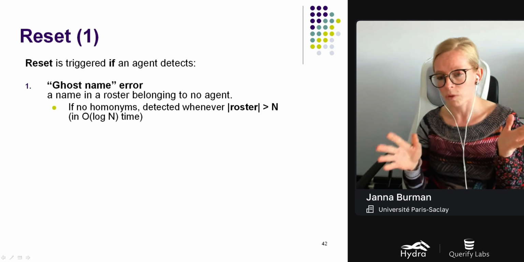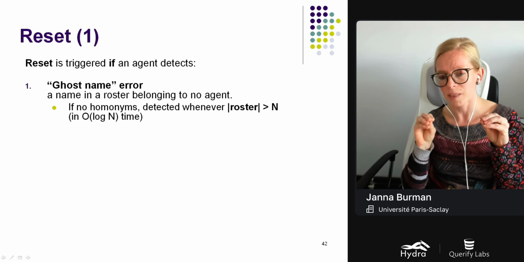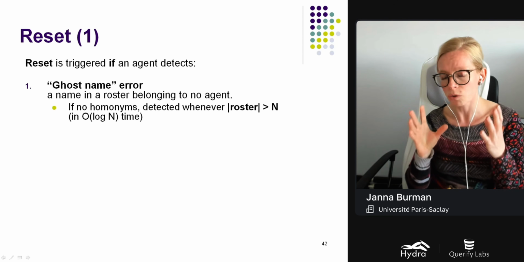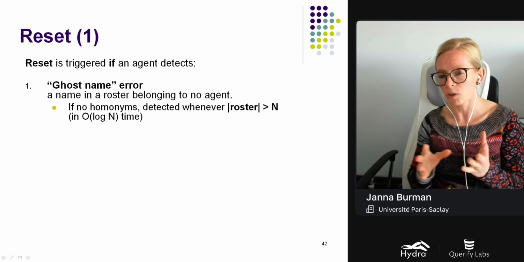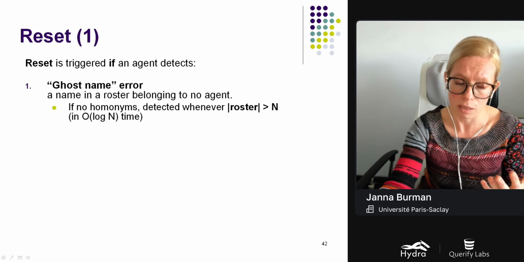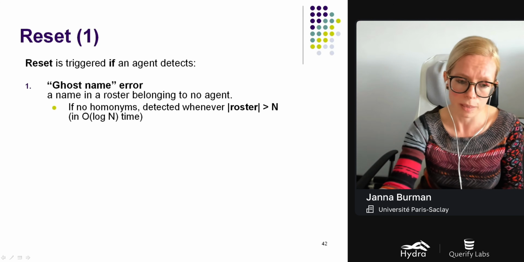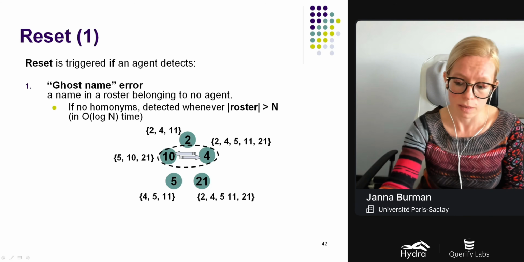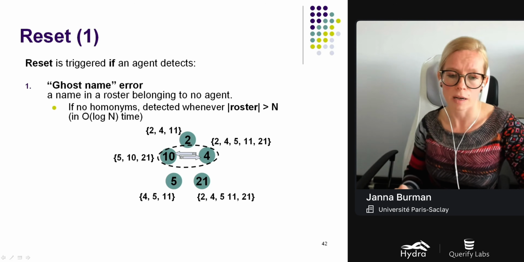So if there are no homonyms, if there are no agents with the same name, eventually we are sure that some agent will obtain a roster which will be bigger than n, and this will signal that there are ghost names.